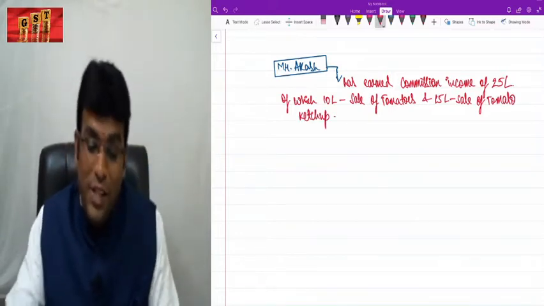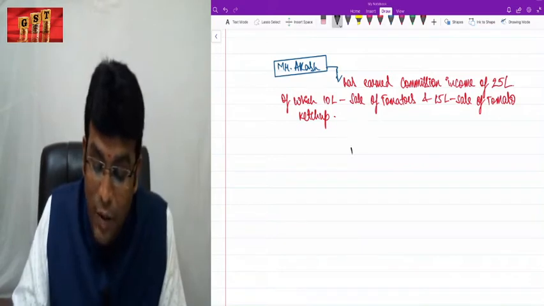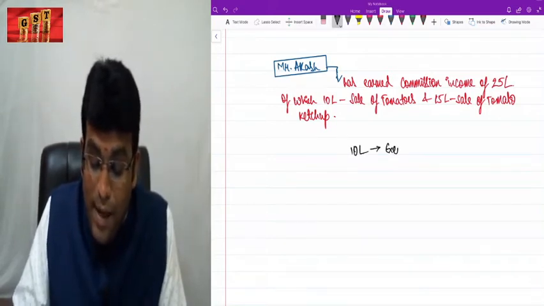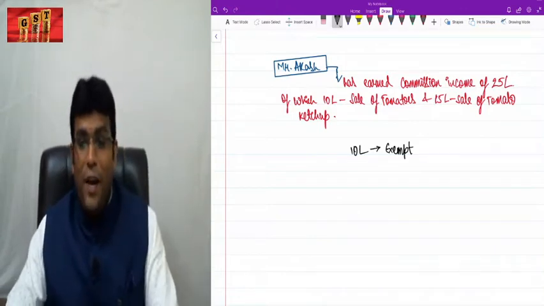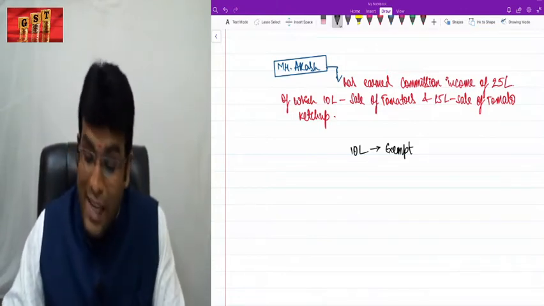So what will happen in this example? Obviously this 10 lakhs will be exempt because commission earned by a commission agent for sale of agriculture produce will be straight away exempt.